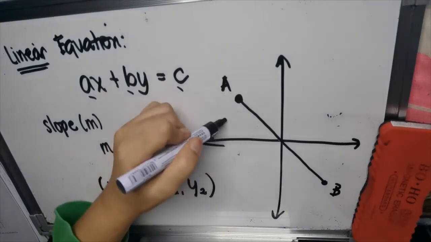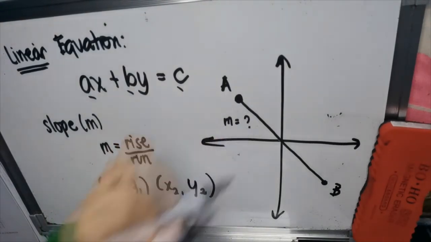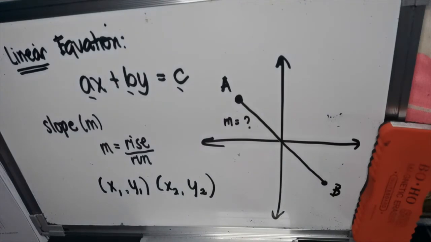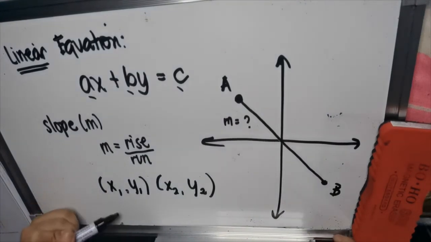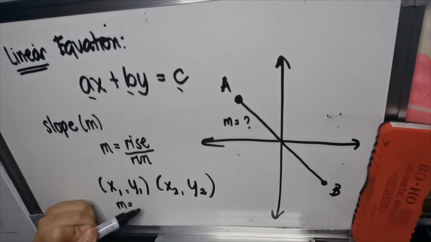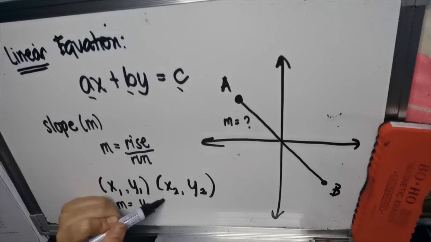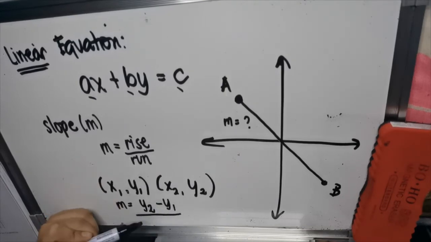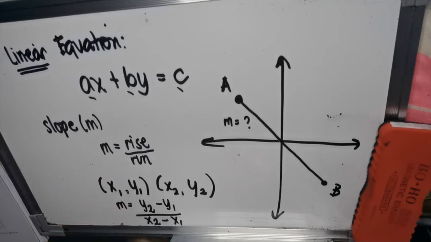So yung hinahanap natin na M. So paano daw natin yung gagawin? So kapag given ay 2 points, ang pagko-compute ng ating slope is y sub 2 minus y sub 1 all over x sub 2 minus x sub 1.